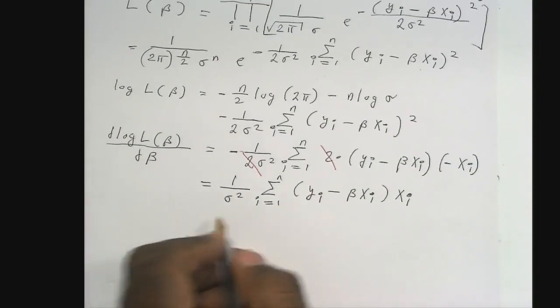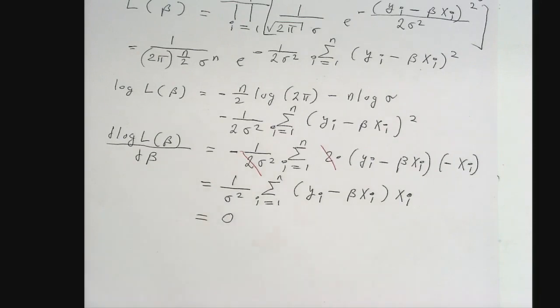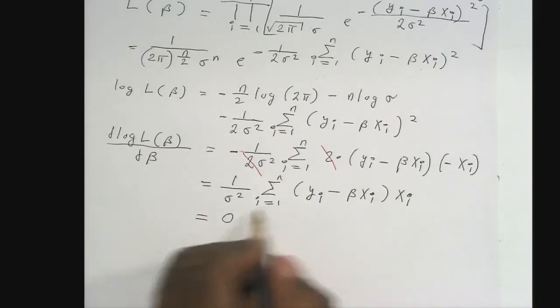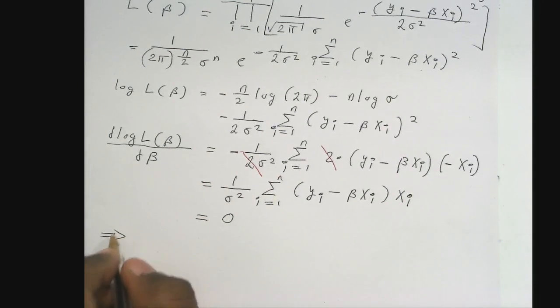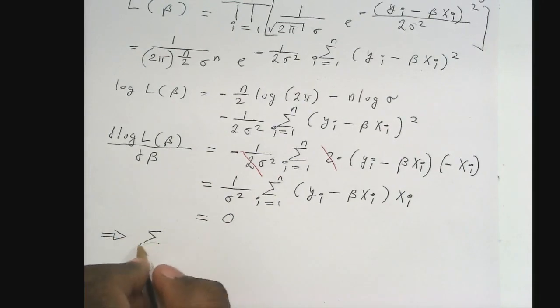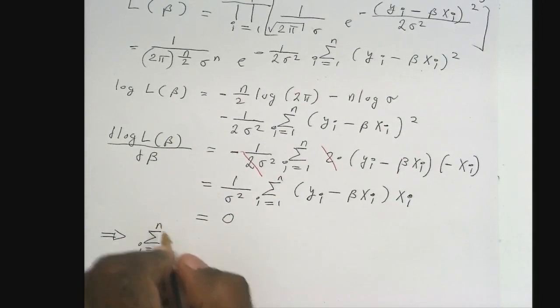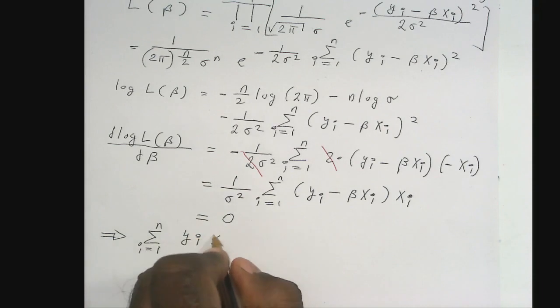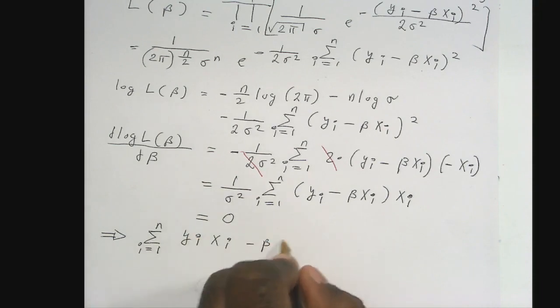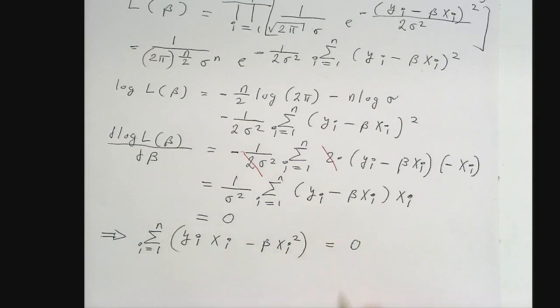Now we're going to set this to 0, and we're going to solve this equation for beta, right? So setting this to 0 implies that the sum of yi xi minus beta xi squared is equal to 0. All right.